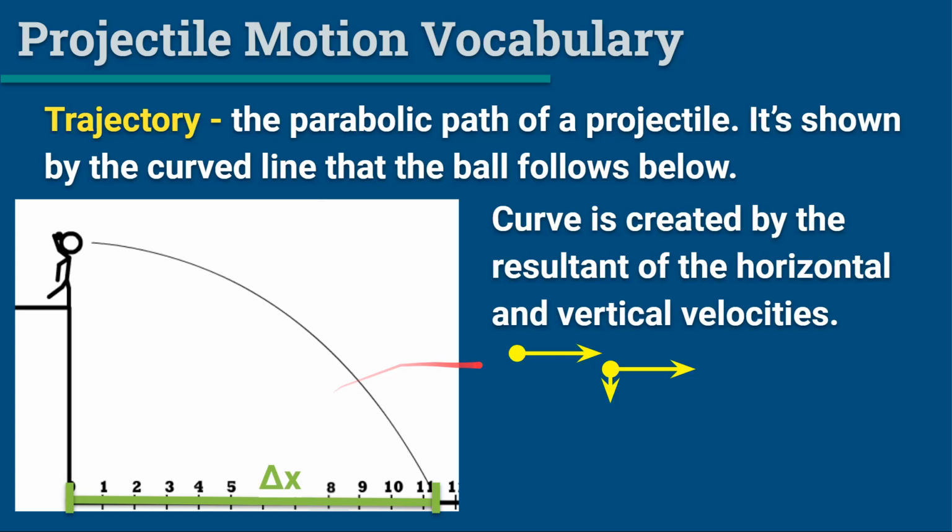We start out with no vertical velocity, and then it increases, and then it increases more, and then more, and I went off the screen. You have this constant horizontal motion but increasing vertical motion, and that's what creates the curve. The resultant of the two, if you add them together, gives diagonal lines that get steeper and steeper going downward in this example, and that's how you get this curved shape to the trajectory.